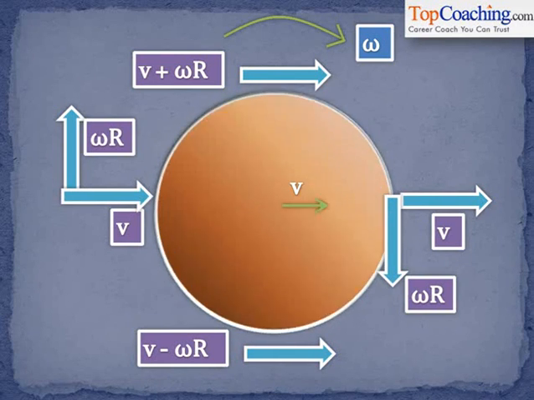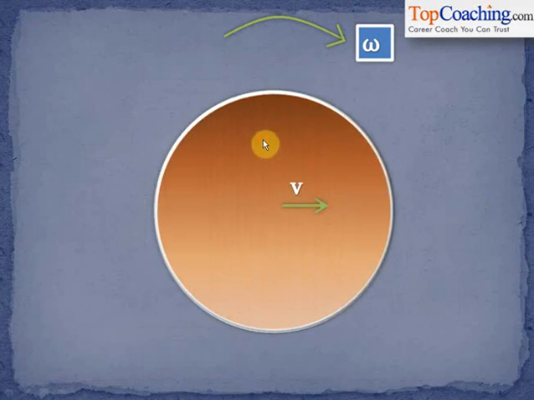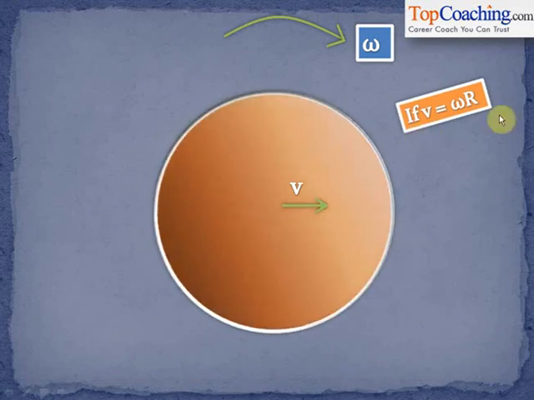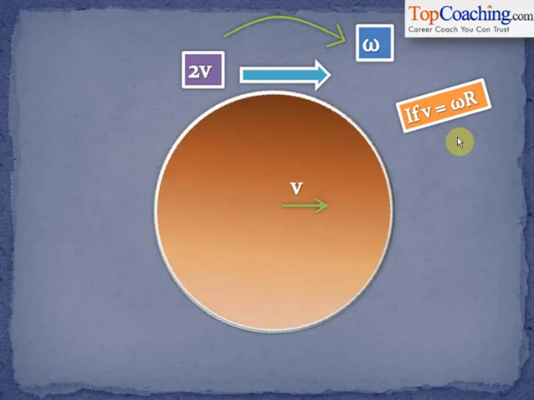V is linear velocity, so some linear force must be applied on this wheel to produce v. But what if, coincidentally, v is equal to omega r? If that happens, we get a situation called pure rolling. Understood? In that situation, the velocity at the topmost part of the wheel will be 2v, because the velocity is v plus omega r, and since omega r is v, the velocity is 2v.